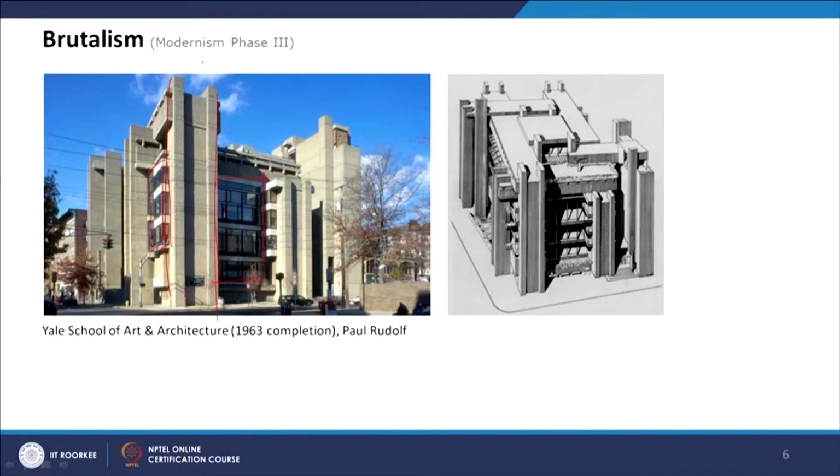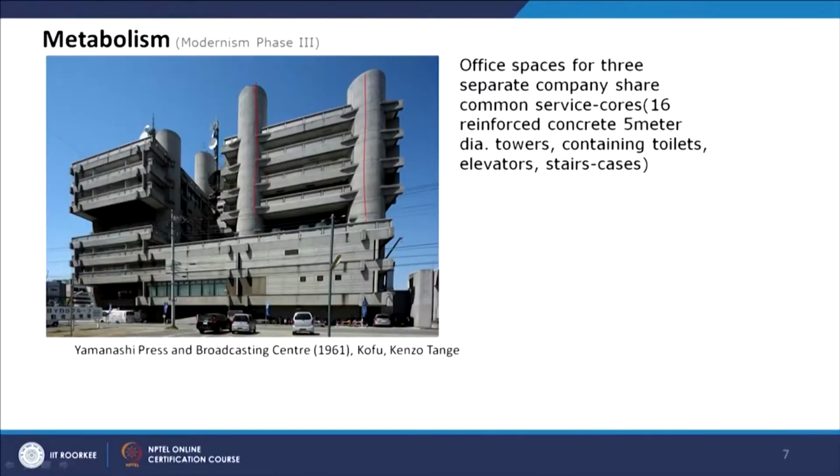The servant spaces are very robust, visually robust, and they protrude out of the served spaces, as in the Yamanashi Press Center, which is a metabolist building with a similar concept, and this looks visually very heavy and robust.